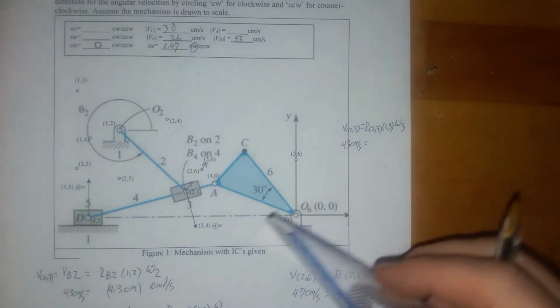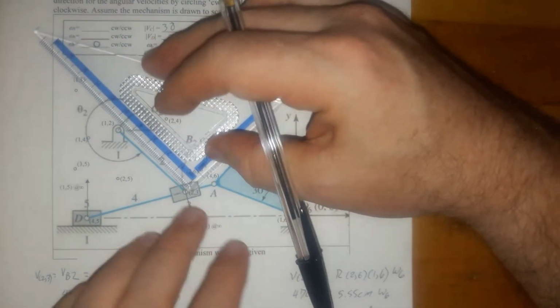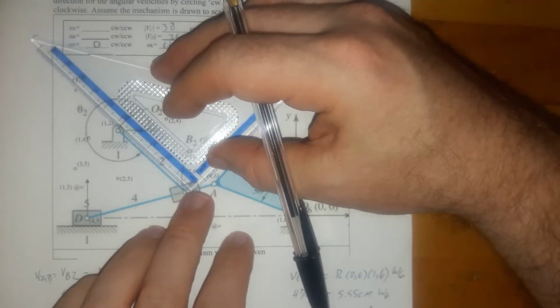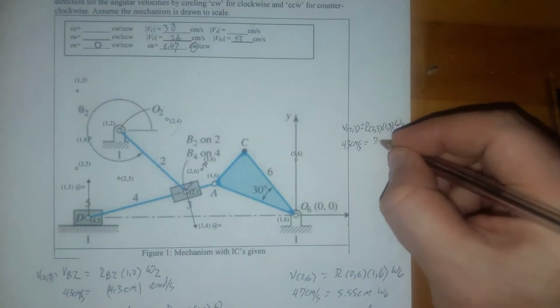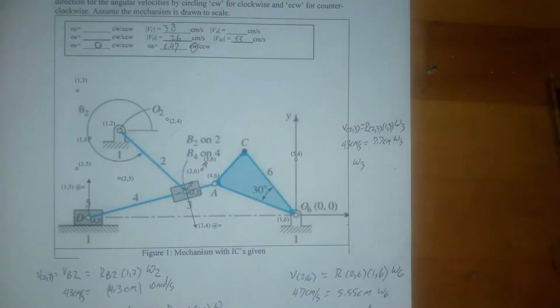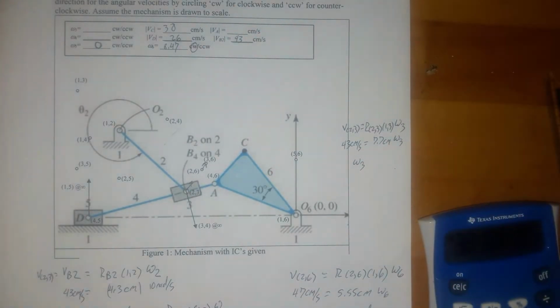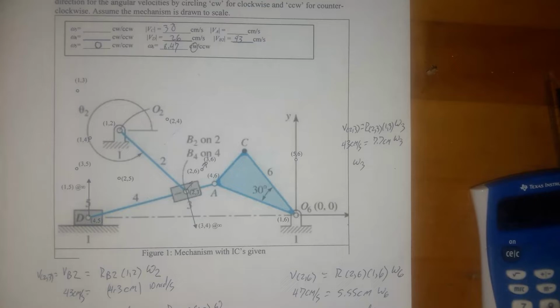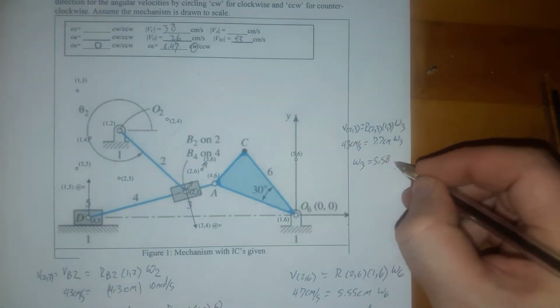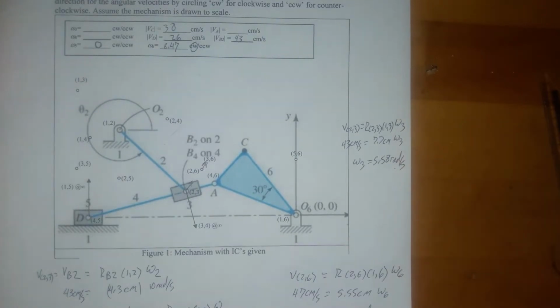I measure R23 to 13, and that is 7.7 centimeters. And so I can find omega 3 is just 43 divided by 7.7. And so that equals 5.58 radians per second.